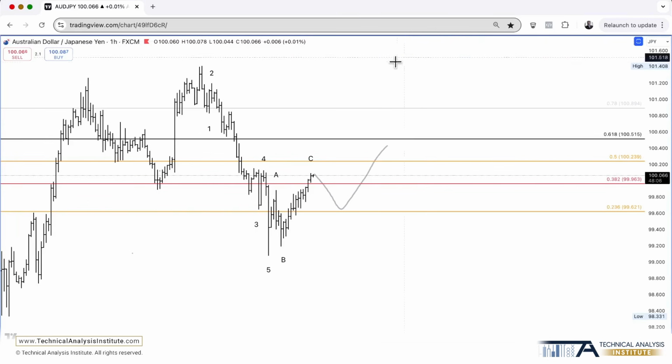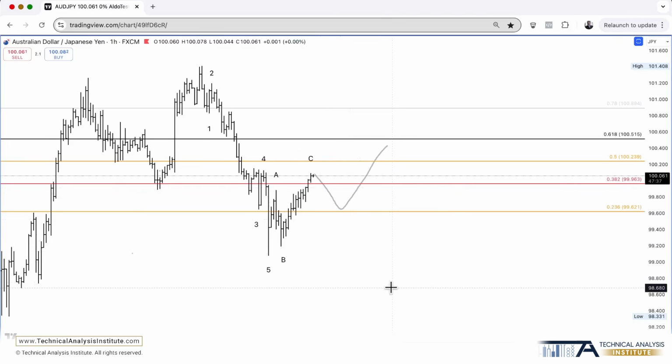What are those probabilities? Well, we said wave C already traveled the same distance as wave A. So it's possible that now from here it starts moving down in a very corrective manner, leaving the trend still up for the short term, to accomplish that 50 to 62%. And there is a possibility that also the trend continues down.